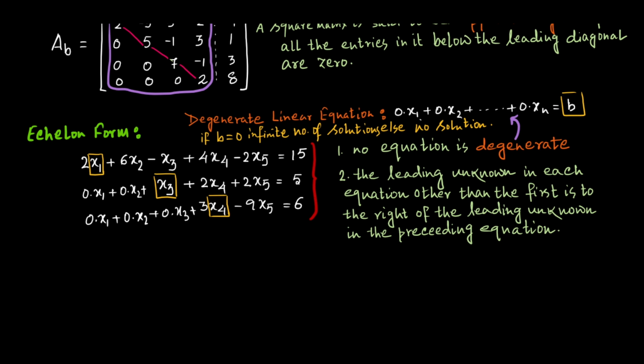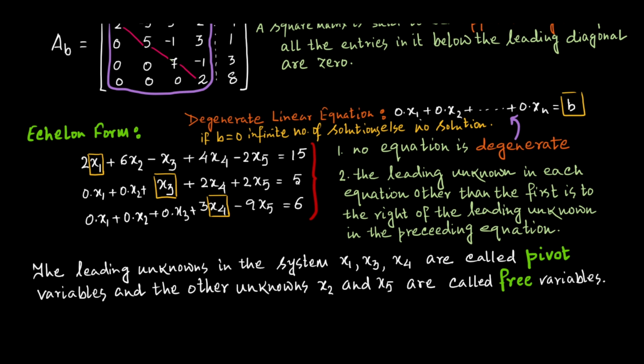That is what is mentioned as the second feature of a system of linear equations in echelon form. So this is how we define a system of linear equations in echelon form.